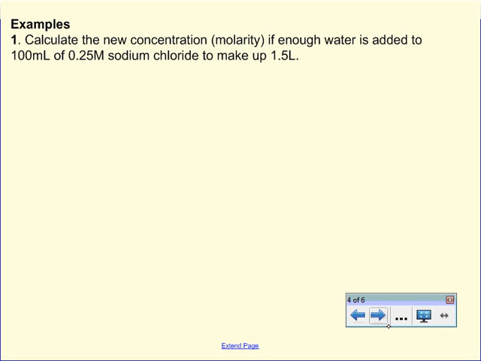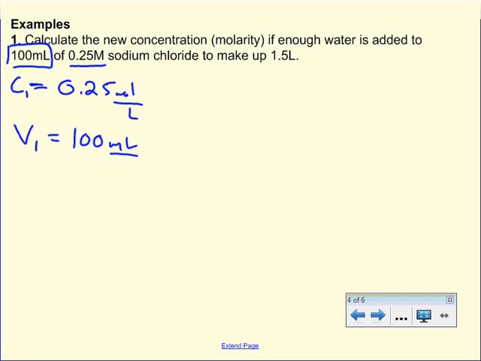So I'm going to write down, as always, my knowns and unknowns. I have my original concentration here as C1, and it's equal to 0.25 moles per liter. My original volume is 100 milliliters.